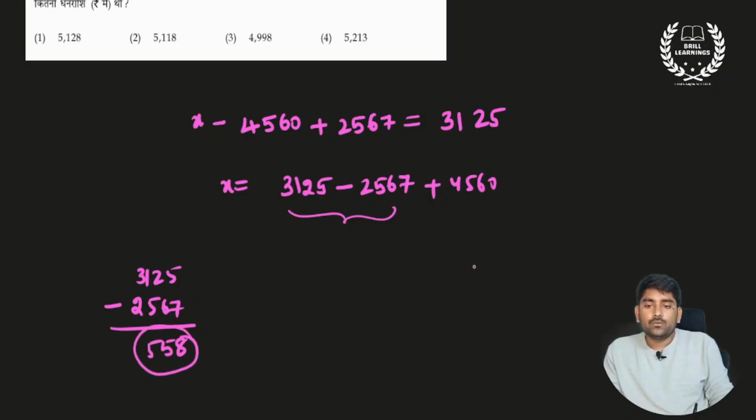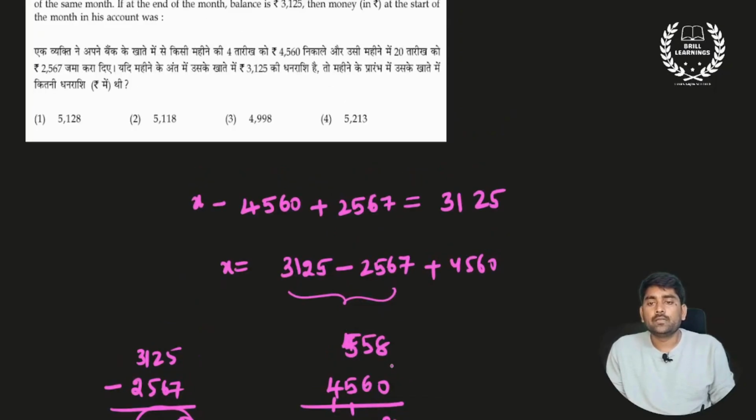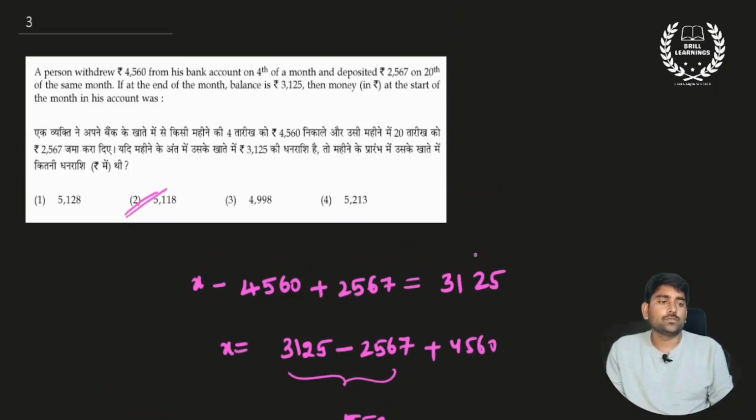Add this value to 4560. So it is 558, and then we have 4560. 8, 11, 11, 5. Initially he has 5118 rupees. Second option is the right answer. Let's move on to the next question.